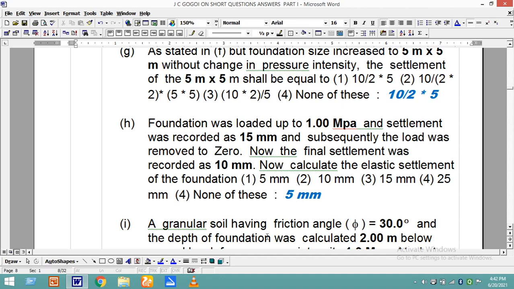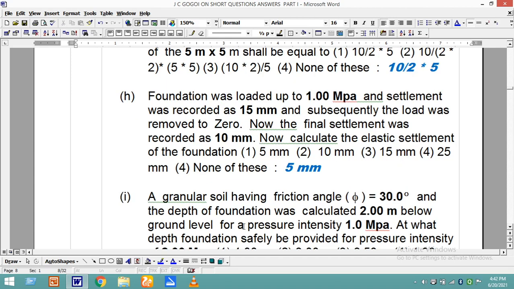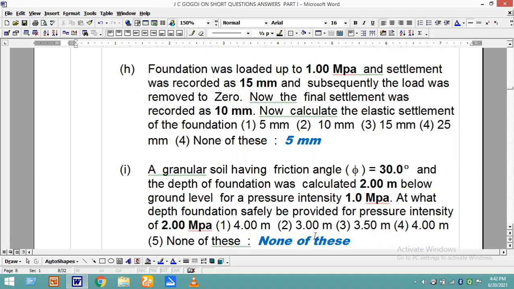A granular soil having frictional angle equal to 30 degree and the depth of foundation was calculated as 2 meter below ground level for a pressure intensity of 1 MPa. What depth of foundation can safely be provided for a pressure intensity of 2 MPa, 4 MPa?